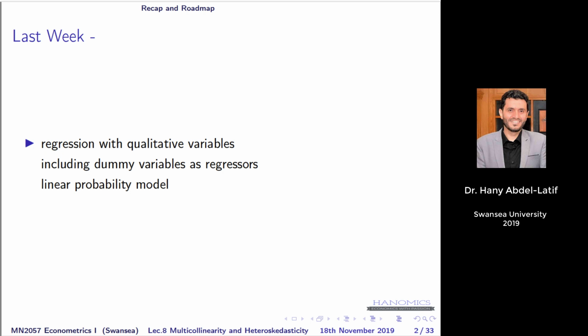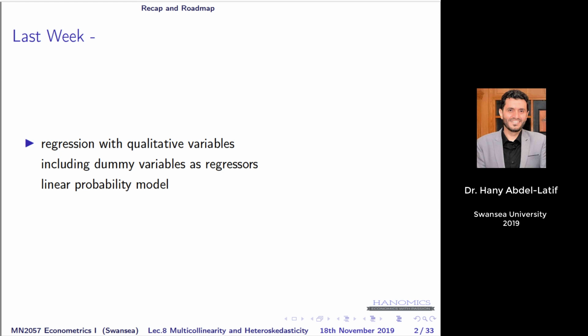We call this dummy variable. So we try to define a dummy variable, and things like gender, for example, or maybe if you talk about seasonal effect or whatever, something you want to capture by a dummy variable.